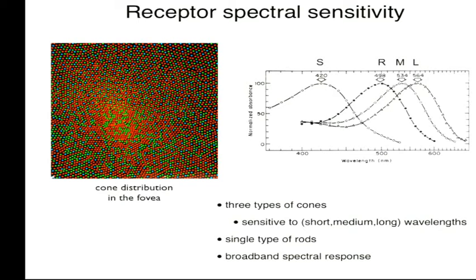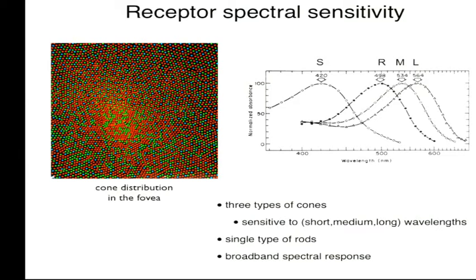So here you can see the spectral sensitivity curves of the different cone types and also the rods. There's a single kind of rod, right? And it has a spectral sensitivity curve that looks very much like the cones, but it peaks at a different location, at about 498, 500 nanometers, okay?